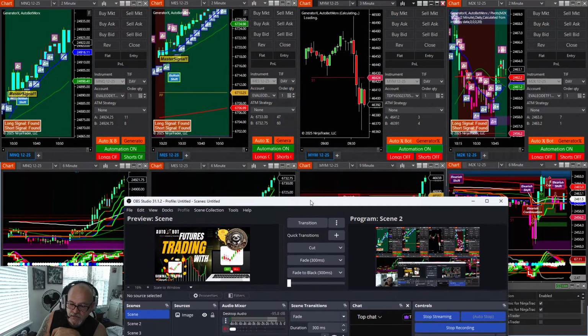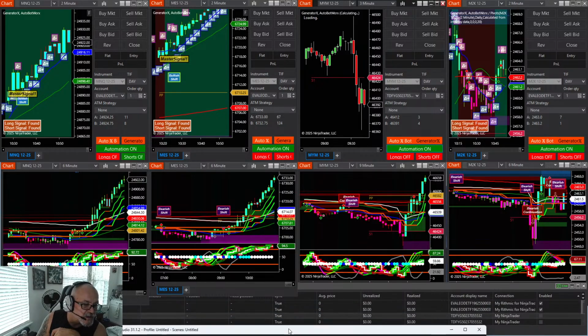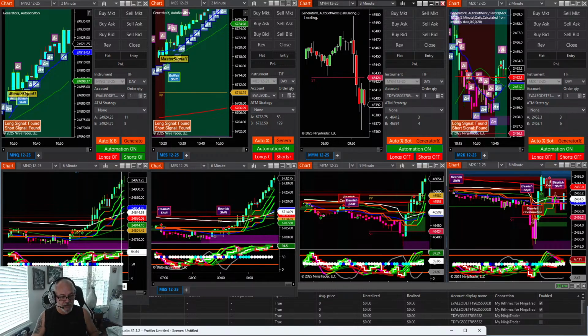All right, so we are back, and we have turned on the bot on NQ for a reversal. So I'm looking for a pullback here. My higher time frame stochastics are all lined up really, really nice and tight up here, but in the 90 range. So I am looking for a bit of a pullback here.